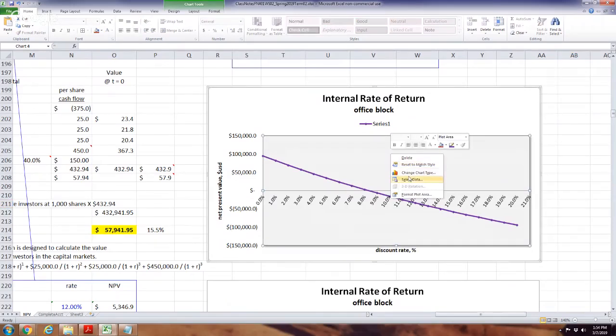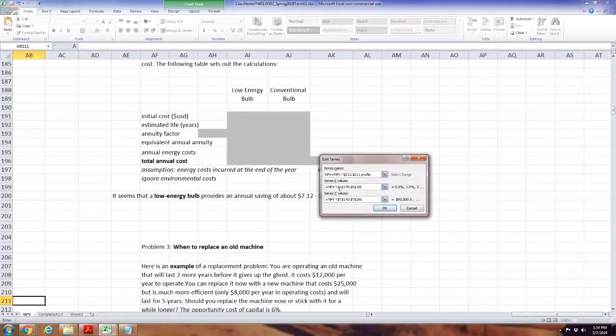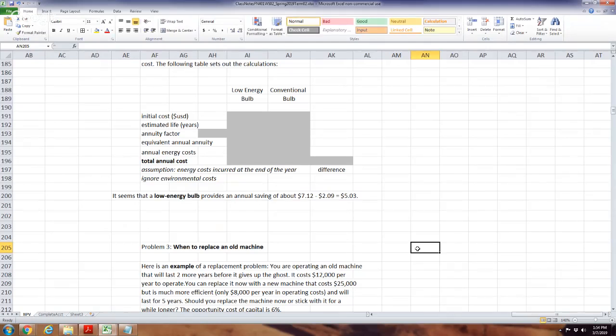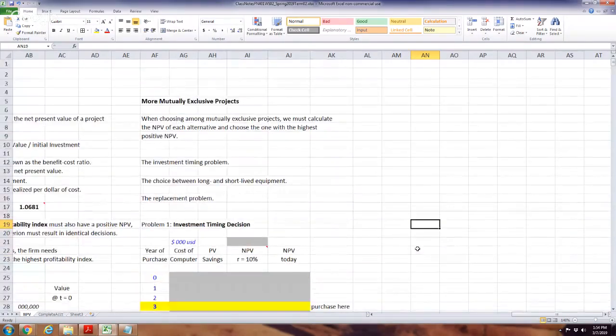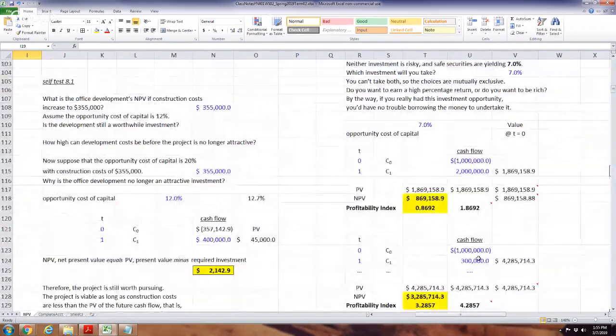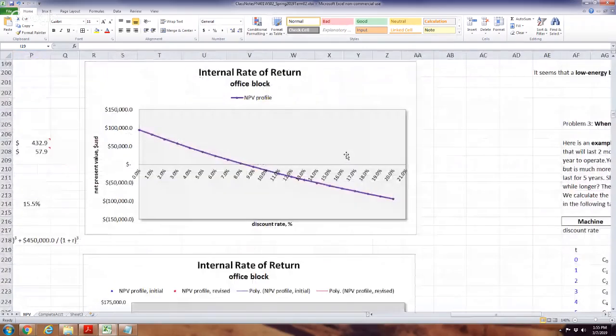And right click, select, edit. This is NPV profile. Why it moved so much I do not know, but it went to the end of something for some reason. These things can move around a bit on you.